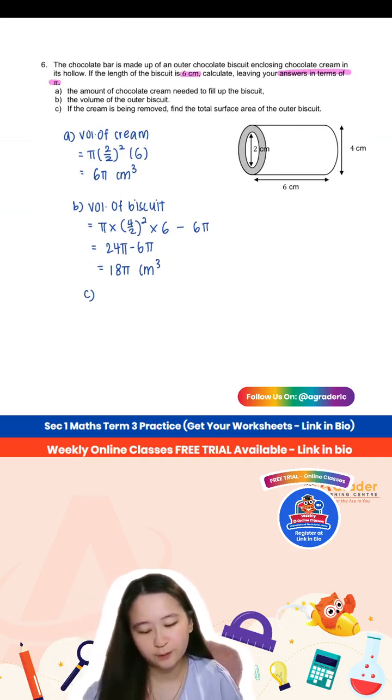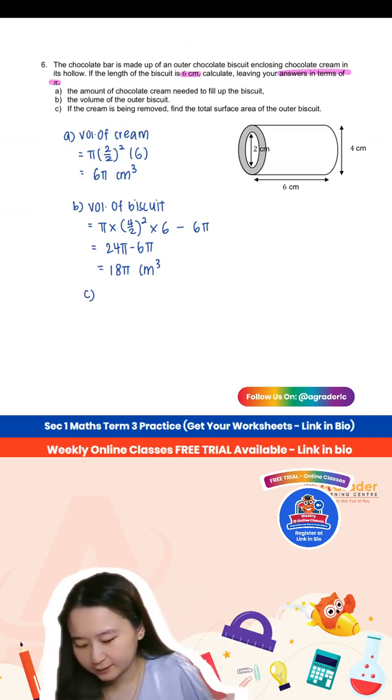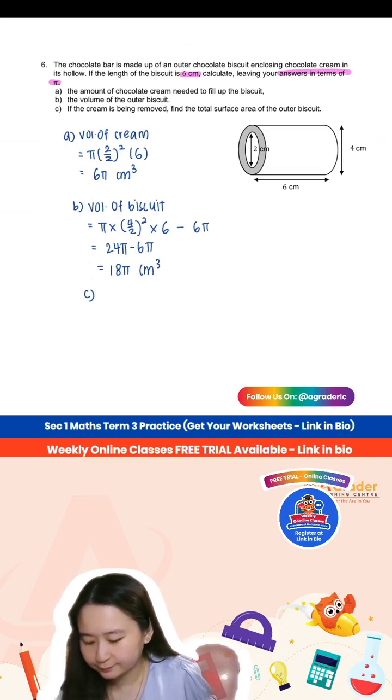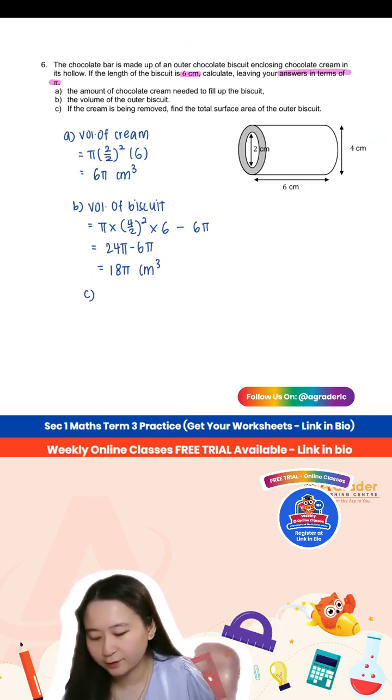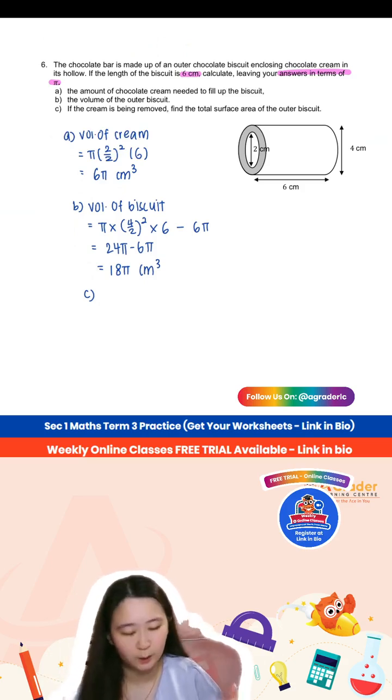If the cream is being removed, find the total surface area of the outer biscuit. Okay, so we can find the cross-sectional area first, which is the area of the bigger circle minus the area of the smaller circle.